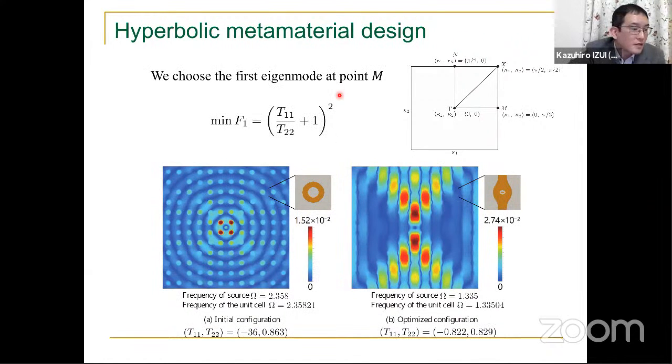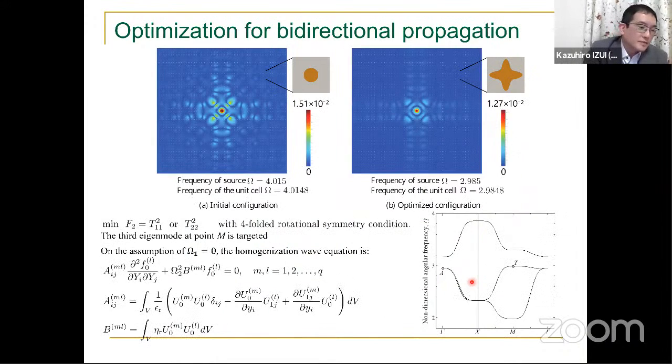The second example is also the design of hyperbolic metamaterial problem for different phase shift parameter. In this case, we also observed similar wave propagation property in the obtained solution. This is the optimal solution, and this is the magnetic field having a cross-type dispersion. Okay.